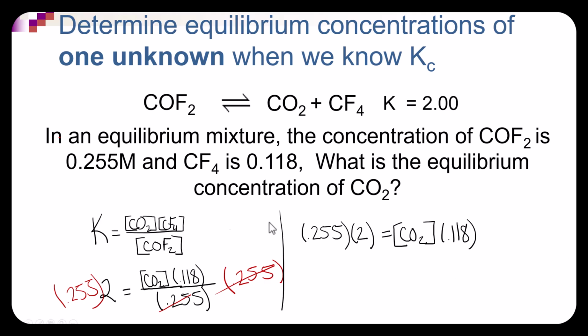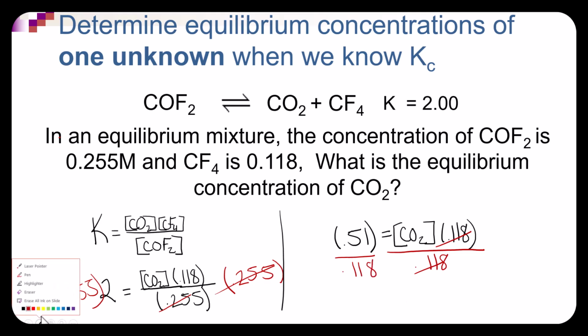At this point, I'm just going to clean up this 0.255 times 2, and erase it just for the sake of space. Multiplying those two numbers together gives me 0.51. Now I want to get carbon dioxide, so I'm going to divide by 0.118. Those cancel, but whatever I do to the right side, I also have to do to the left side.